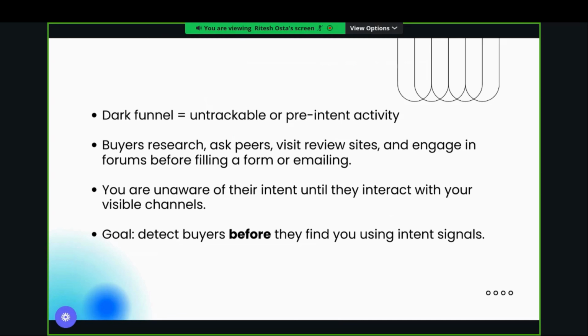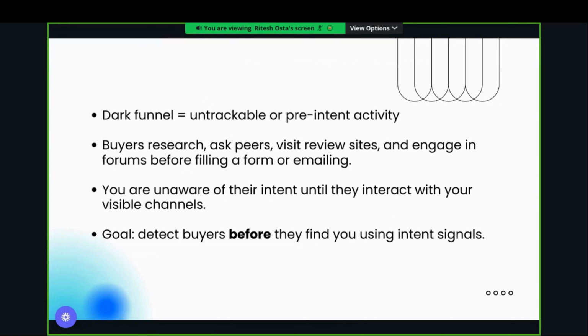The prospect starts their journey by doing a Google search, reading Quora reviews and Reddit threads, talking to their friends, putting a post on social media, checking out your competitors, or just asking friends and family for help. So before they even reach you, they have a certain journey that they go through. And if you're lucky, and if they find you, and if you find them, the funnel starts and you can start the conversation.